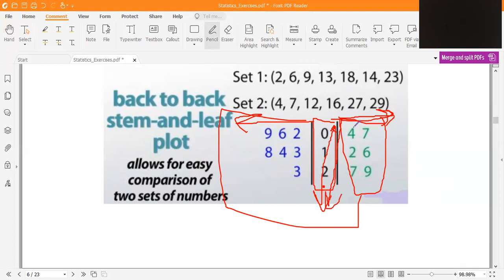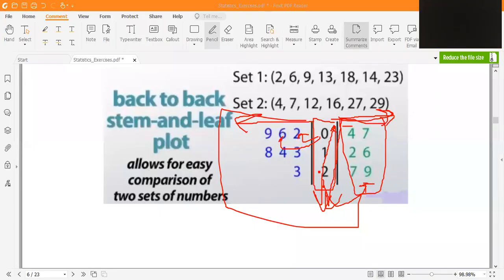So we know the smallest number, and we know the greatest number, 29, for the set on the right. For the set on the left, the values are 02, 20, 06, 09, 09, and the greatest number is 23.